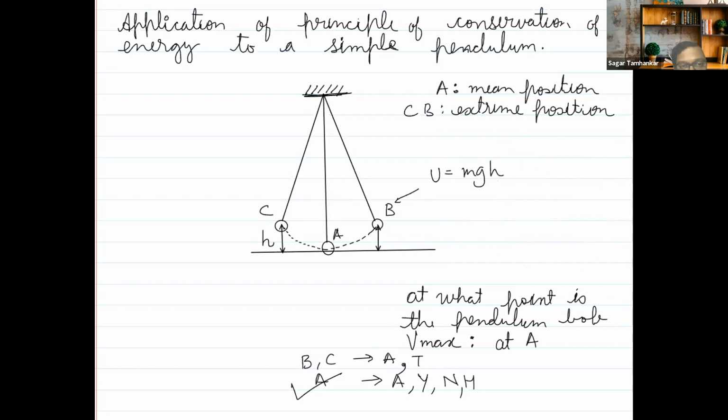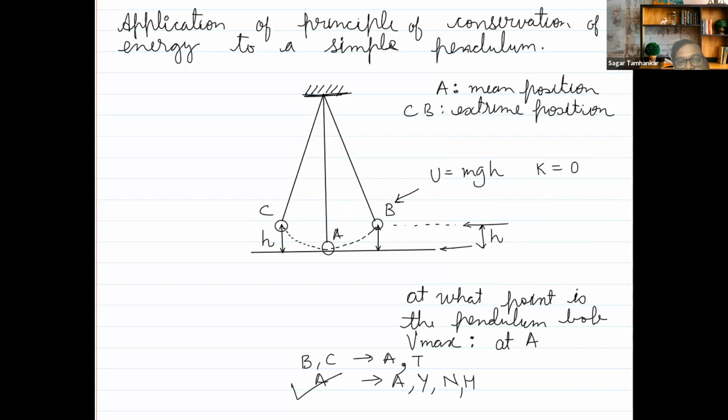Also, what I've tried to show is, if this is a reference line for the mean position, this is a reference line for the extreme position. And you can see that the bob of the pendulum has gained height. That means it will gain potential energy. Since the velocity is zero, the kinetic energy will be zero.